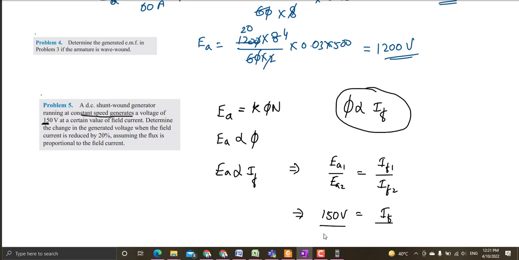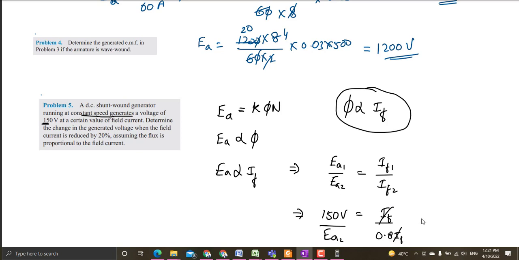Now I have to find the voltage produced when IF is reduced by 20%. IF reduced by 20% means IF2 is 0.8 IF.